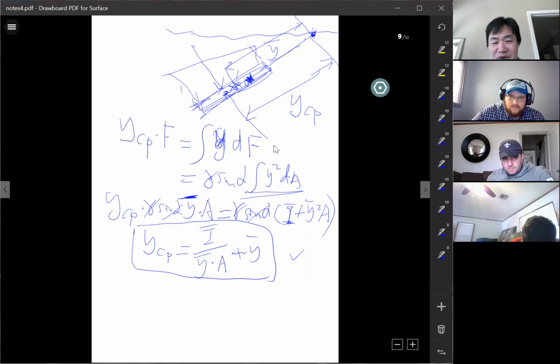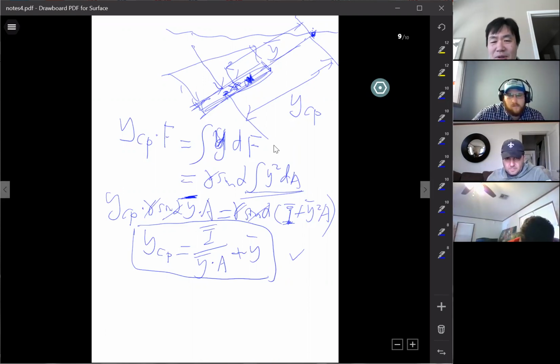But anyway, YCP, center of pressure. Remember, it's not the vertical distance to the water. It is from that point to the water surface along the Y direction. Also, it is not the distance between that point and the beginning of the plate. A lot of students, when they solve problems, get confused about the distance.